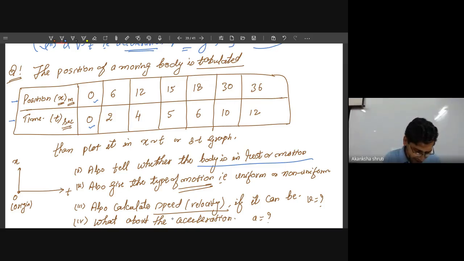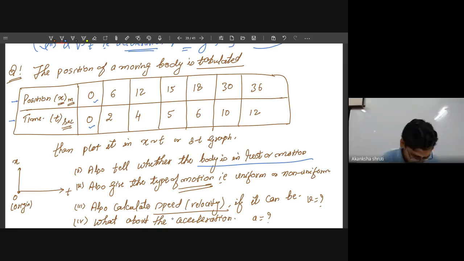So at 0 time, the object is at 0 distance. Means the initial position of the object is considered as the frame of reference. From that position itself, the displacement is going to be measured, or the position is going to be allocated.